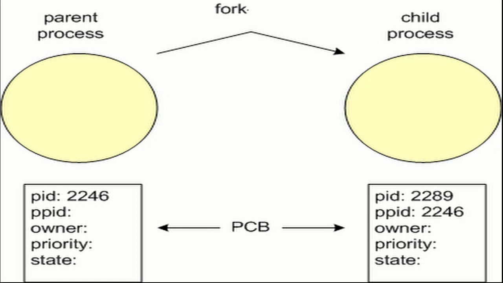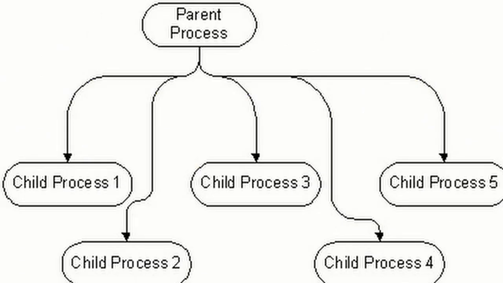The operating system has provided them with PIDs, that is process IDs, PPIDs, that is parent process IDs, and lots more information. You can see the child's PPID, that is parent process ID, is the PID of the parent process, which in this example is 2246. Likewise, a parent can create multiple child processes. A child process can also create a new process, and at that time the child will act as the parent of the newly created process.